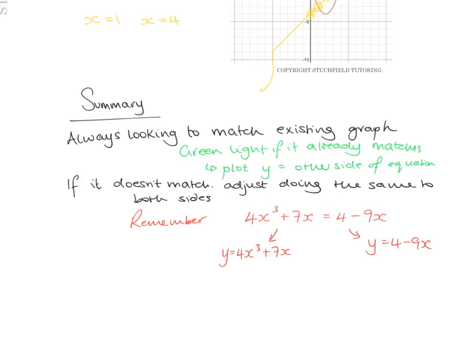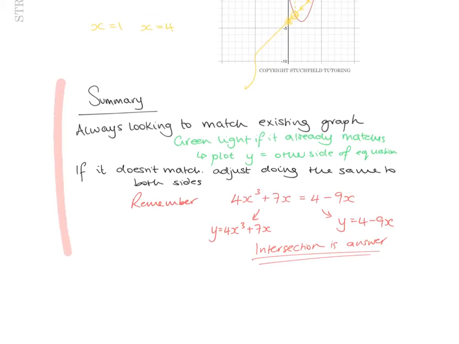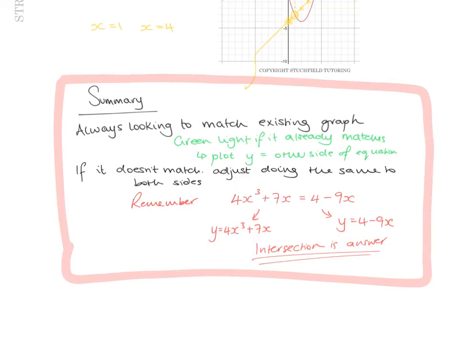And then I'm looking for the intersection. So any equation I can break down into two straight lines, y equals and y equals, and then my answer is the intersection. So that's my summary. Write that down nice and clear, nice and neat. That is the end of your notes, and then we're going to move on to the practice questions.